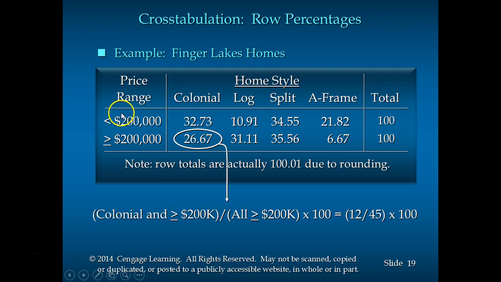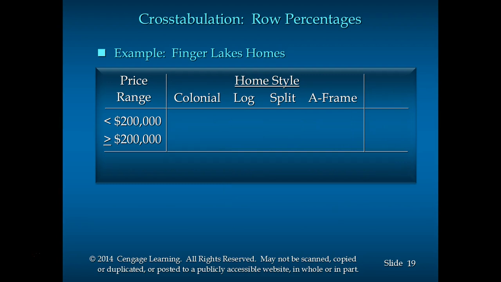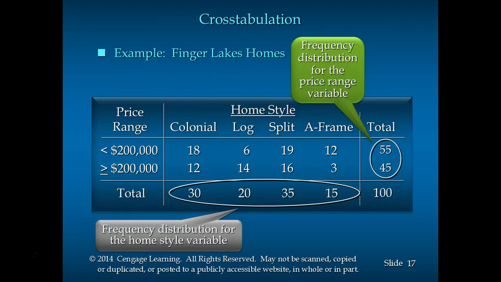So you isolate. You only look at price for less than $200,000. And you add up the total amount of less than 200. In this case, the total amount is 55.